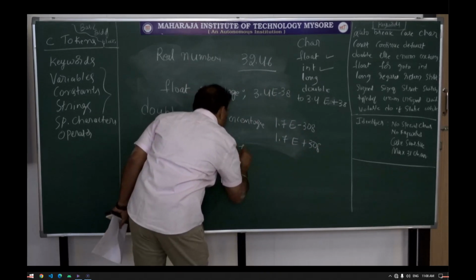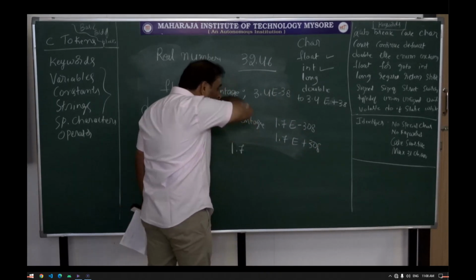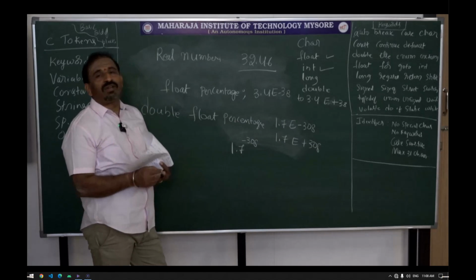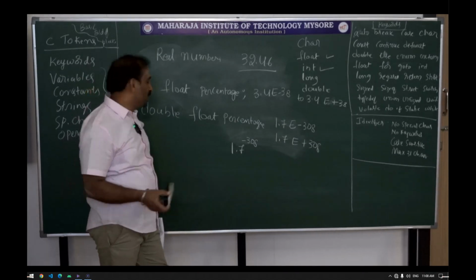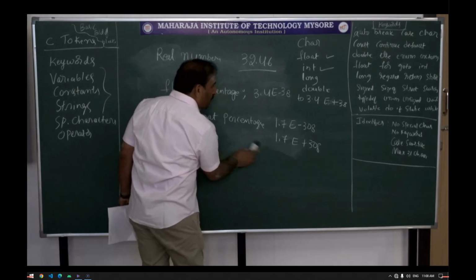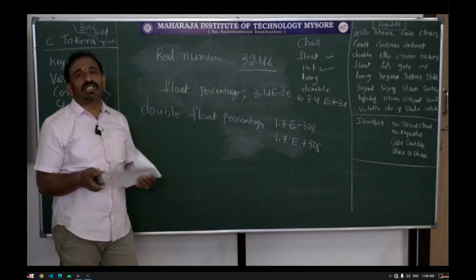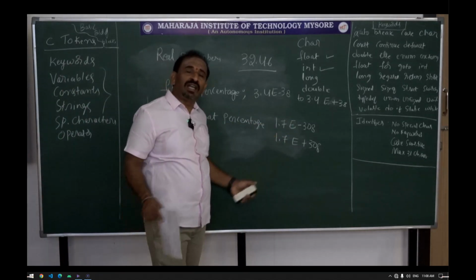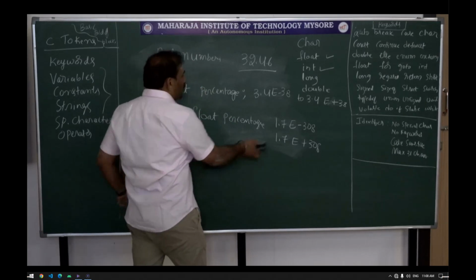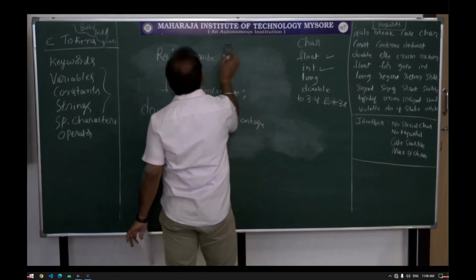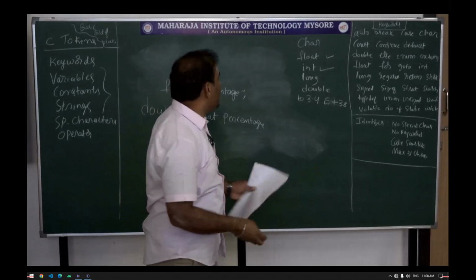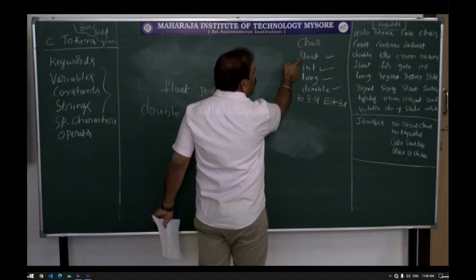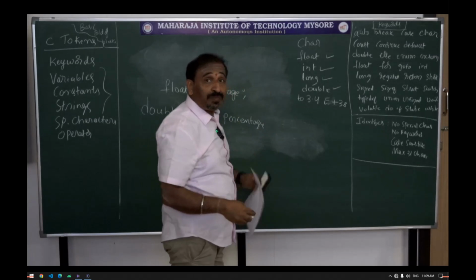It is something like 1.7 into 10 to the power of minus 308, exponential like this. So it's a very, very big number you can store with a real. So real numbers are stored with floats. We have seen float, long, int, double. Int is associated with long, float is associated with double.